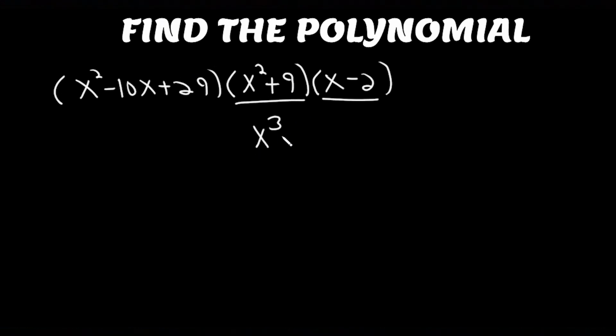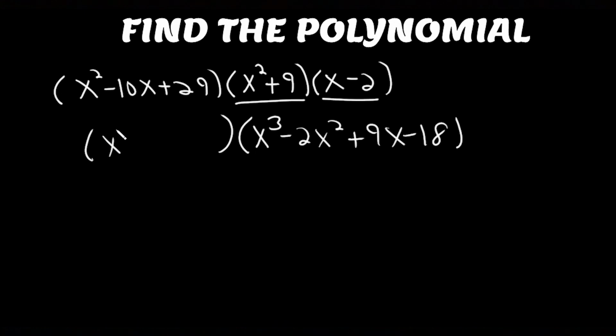And then I get negative 2x squared plus 9x minus 18. Okay? And we're going to put this all in parentheses. So again, I just multiplied out the binomials. Now we have the trinomial over here, which is going to be x squared minus 10x plus 29.